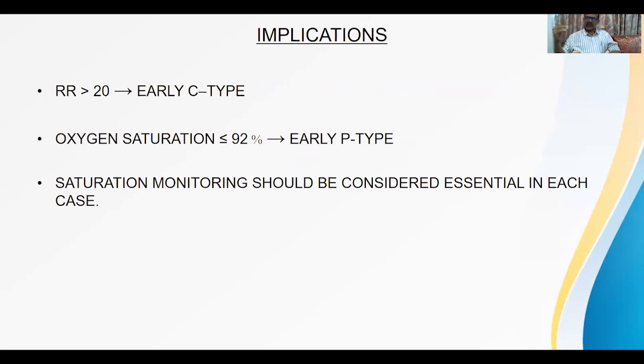Saturation 92 or less gives an early indication of early P type. Saturation monitoring must be considered essential in each case. So don't wait for the patient to become distressed and then say the patient came late. No. Saturation monitoring and respiratory rate should both be done in all cases of proven or suspected COVID.